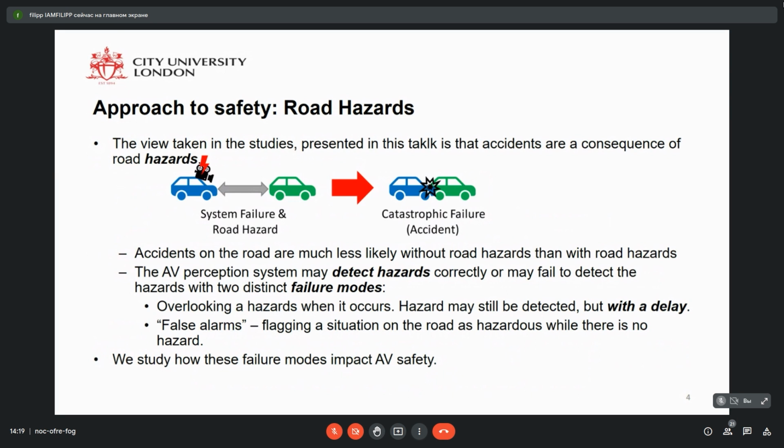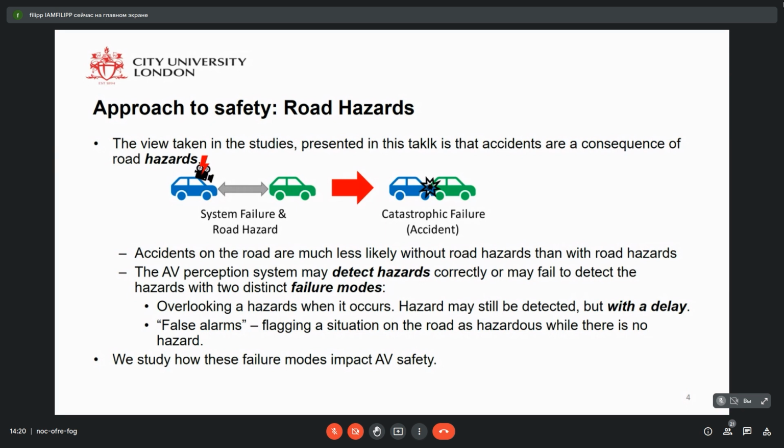This is really the environment in which the car is operating. But the key here to recognize, and this is what we exploit systematically in our approach, is that if there is a hazard, the chances of having an accident eventually, this is the safety-related event, are likely to be visibly higher than if you're driving in the middle of nowhere, there is nobody on the road, and therefore, even if your car fails in a very serious way, the chances of having an accident in the sense of hitting somebody is zero because there is nobody around.